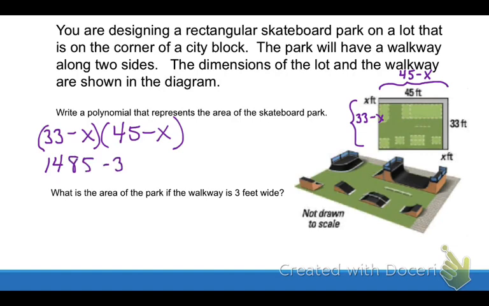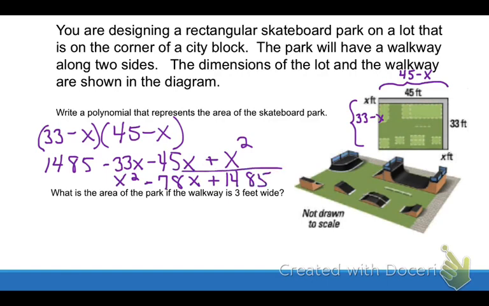Outer would be minus 33x, inner would be minus 45x, and last would be plus x squared. Now, I always like to rewrite it so that the term with the highest degree comes first. So I have x squared minus 78x plus 1,485 would be the area of that park.